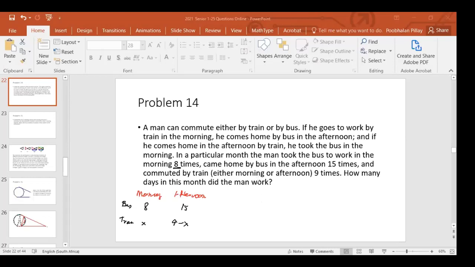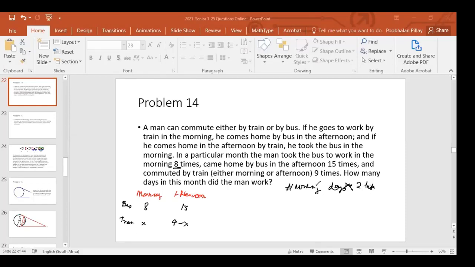So the important thing is that for the number of working days, each day he makes 2 trips.